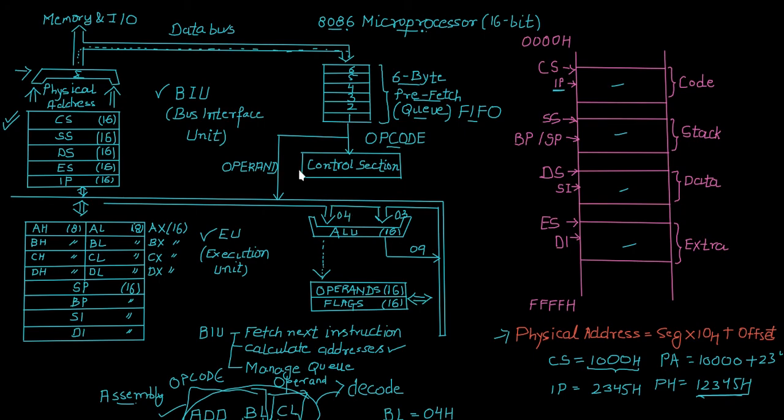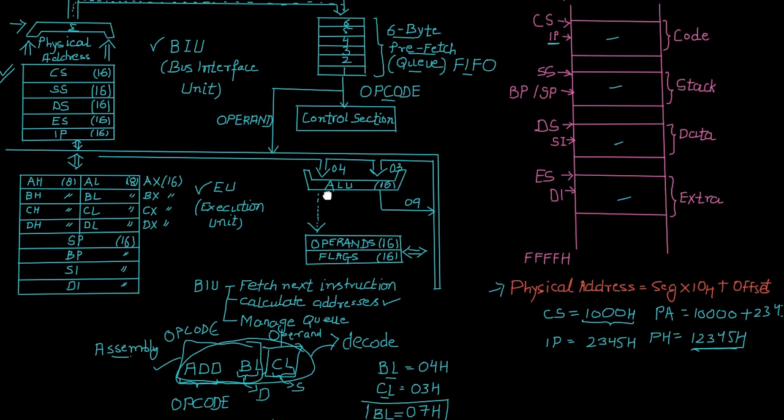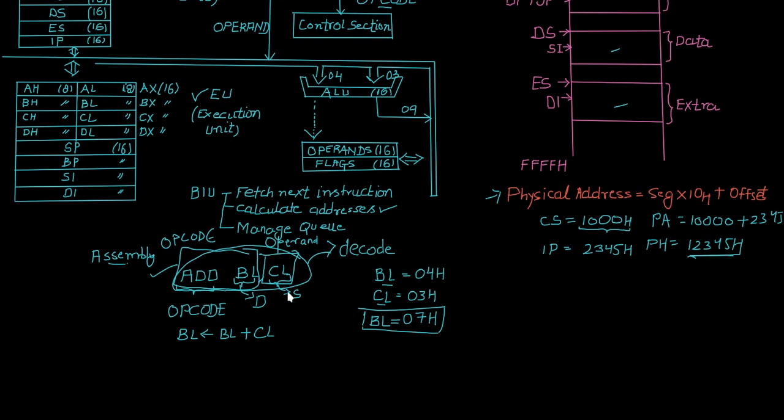So you can see that in this we have shown an example where we have given this instruction to the execution unit. So we know that BL is 04H and CL is 03H.